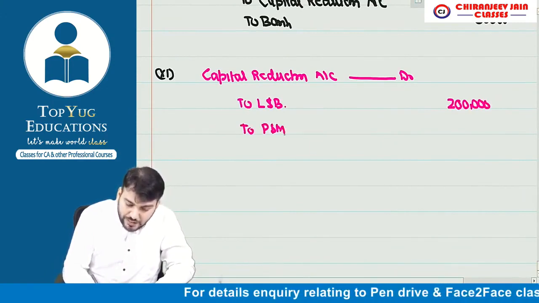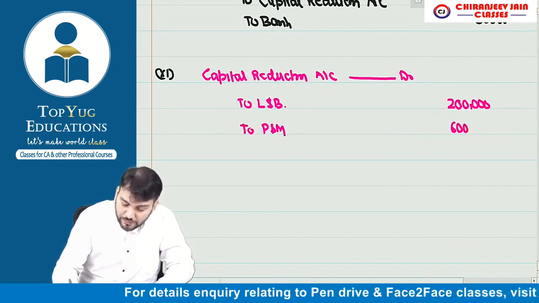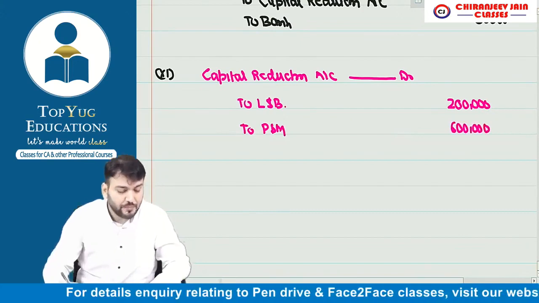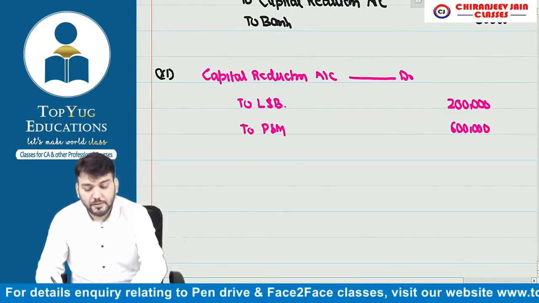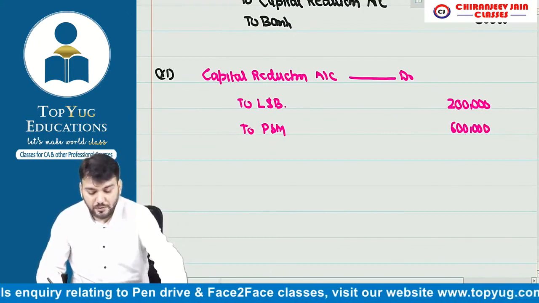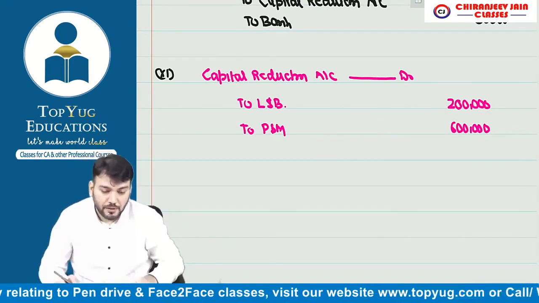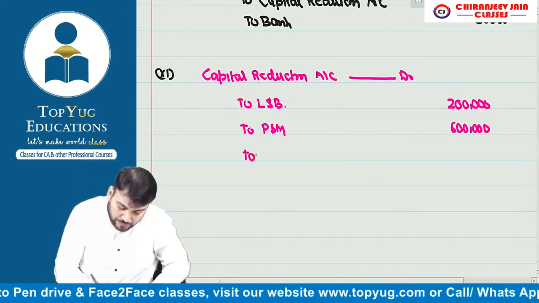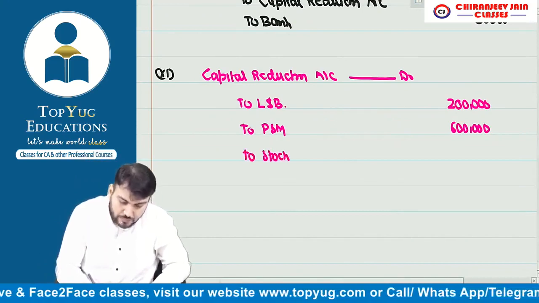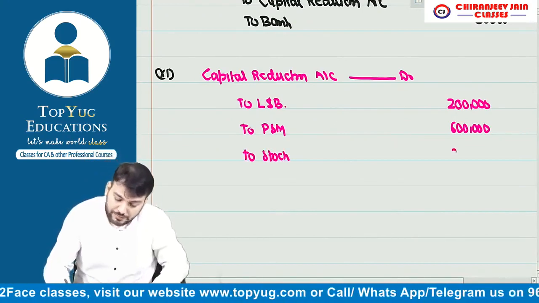To plant and machinery, how much? 6 lakh. Correct. Then what? To stock. It is 3 lakh.